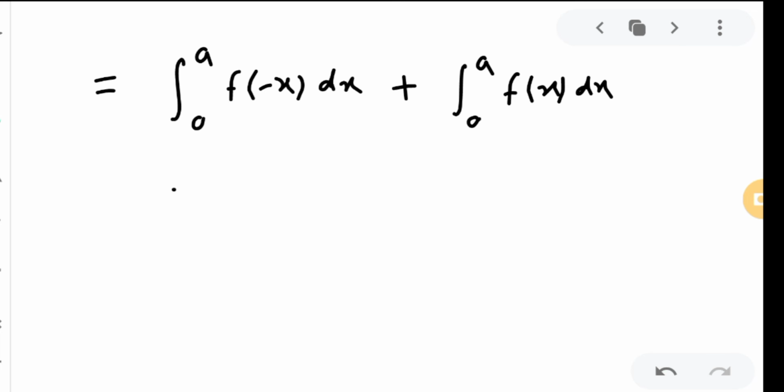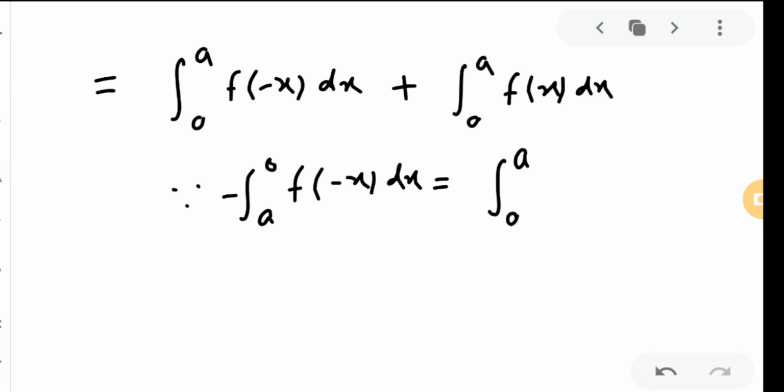So what I used, I wrote like this: minus x dx, I just changed the limit, using this minus I changed the limit from a to 0 as 0 to a, and everything will be as it is. Okay, so I used this. Now everything is done.